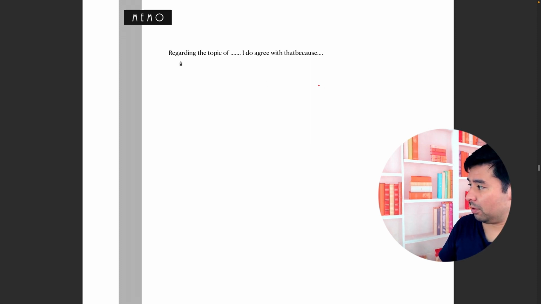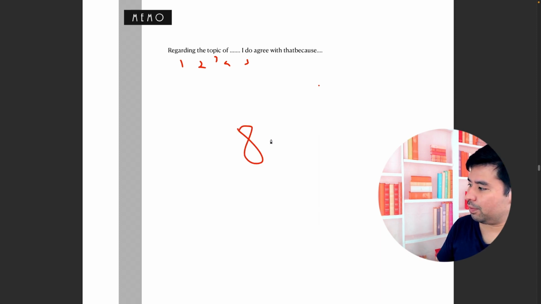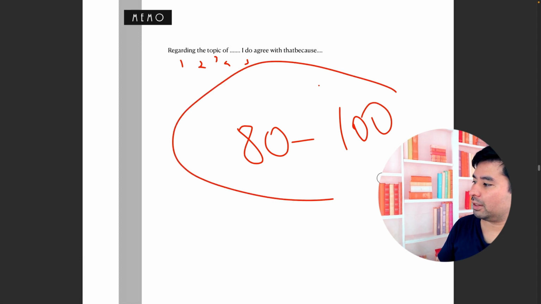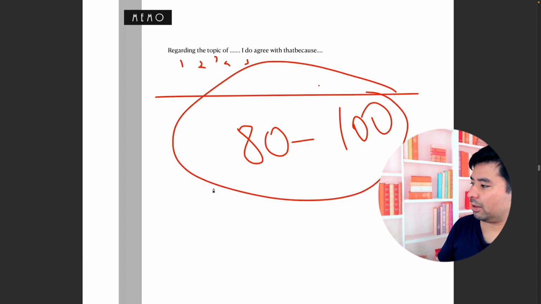For example, here, one word, 2, 3, 4, no, 5, and then you count. So it should be a minimum of 80 and a maximum of 100. So be careful with that, okay?